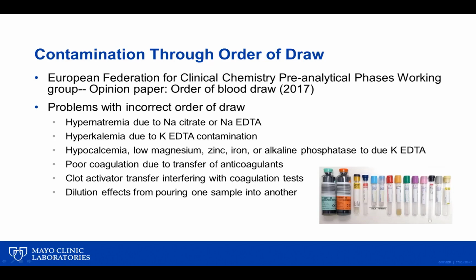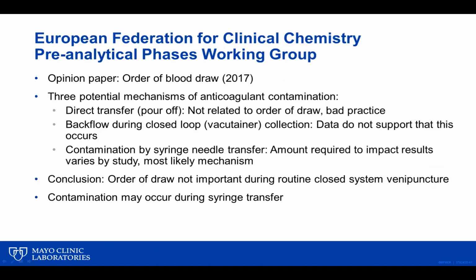You can have hypernatremia due to sodium citrate or sodium EDTA, hyperkalemia due to potassium EDTA, hypocalcemia, low magnesium, zinc, iron, or alkaline phosphatase due to that potassium EDTA kind of chelating those metals. Poor coagulation due to transfer of anticoagulants. You can have clot activator transfer that interferes with coag tests, and then also dilutional effects from pouring one sample into the other.